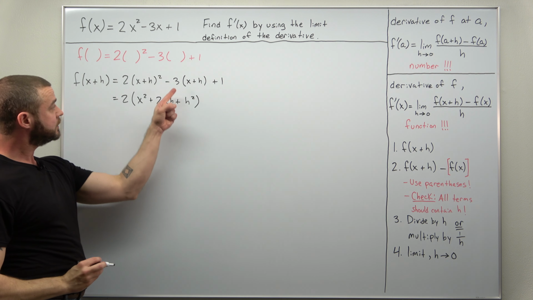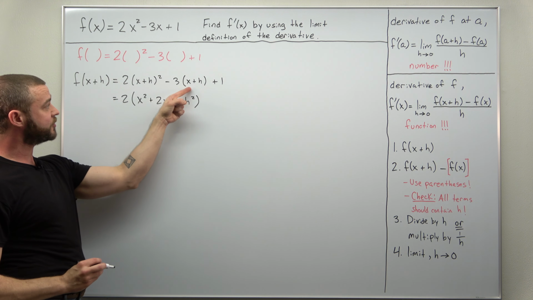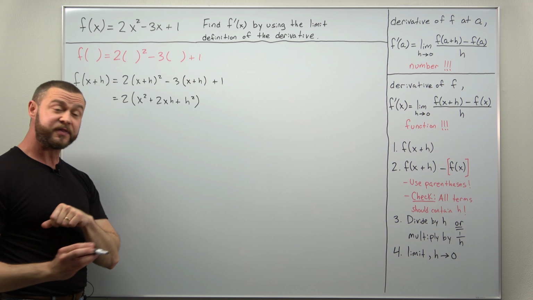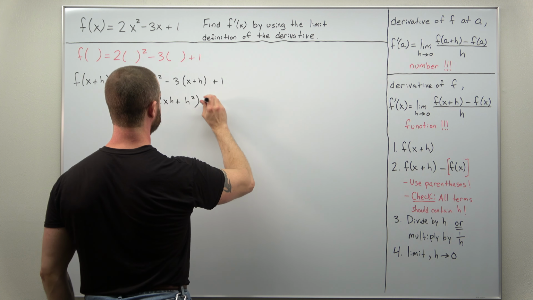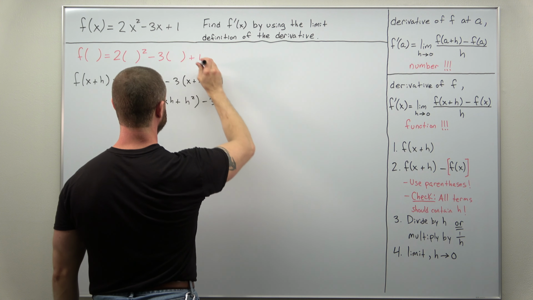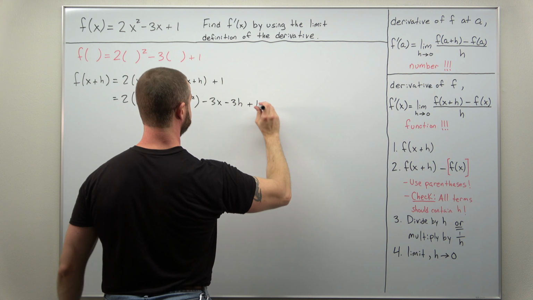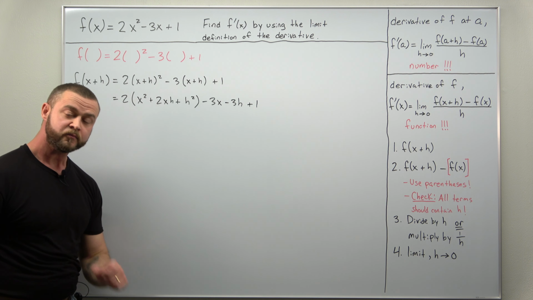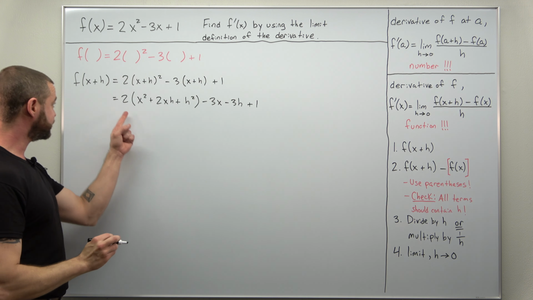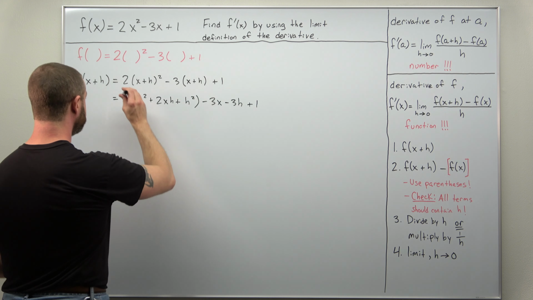And while we're at it, let's go ahead and distribute the negative 3 through the parentheses there. So we'll get minus 3x and then minus 3h and then plus 1. All right, now let's go ahead and distribute that 2 through the parentheses.